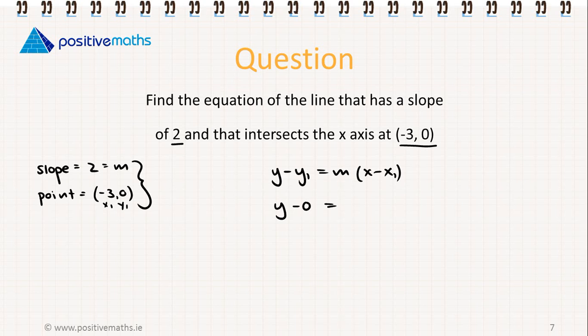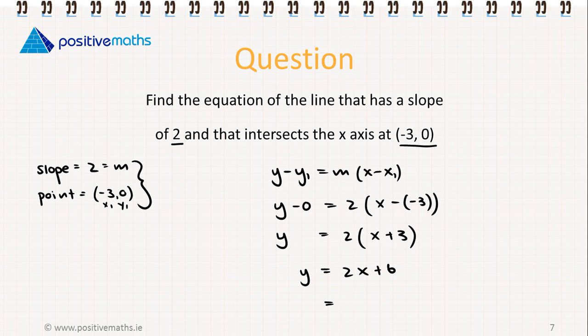So we have y minus 0 is equal to 2(x minus minus 3). So just being careful when we have negative values. Next line, y is equal to 2(x plus 3). So we have y is equal to 2x plus 6. So we have 2x minus y plus 6 equals 0 as the equation of our line.